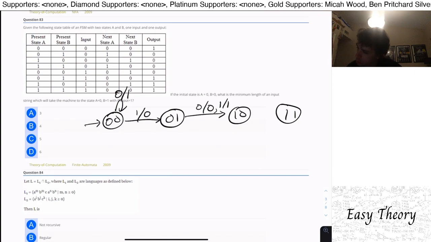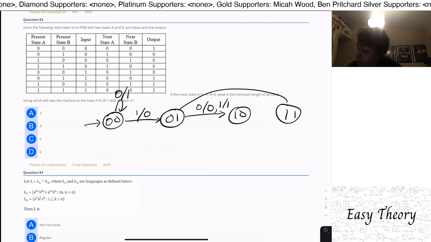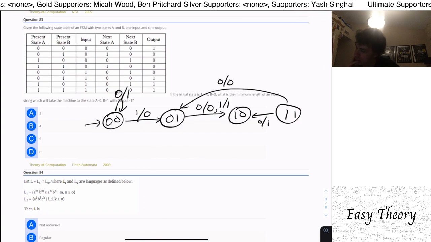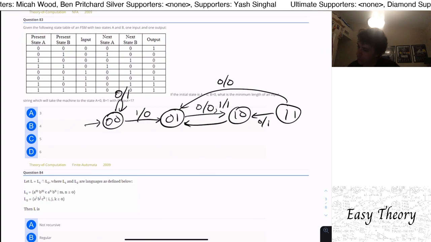Let's do the 1, 1 state. So 0, 0 is a possibility, or it can go to here with 0, 1. And what can 1, 0 do? So 1, 0 goes to 0, 1 potentially on input 0, output 0.